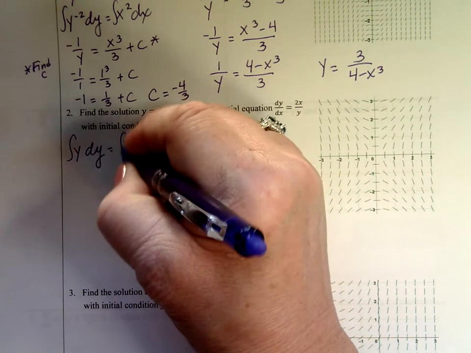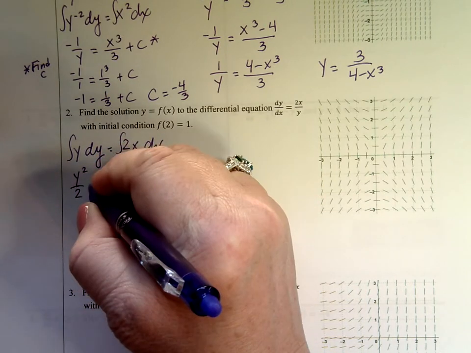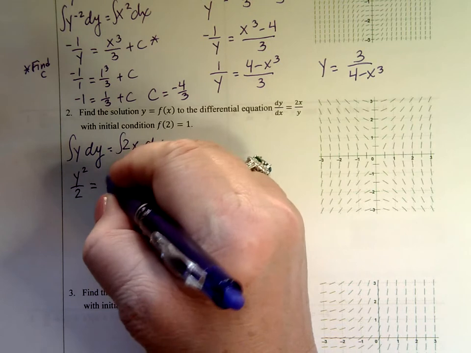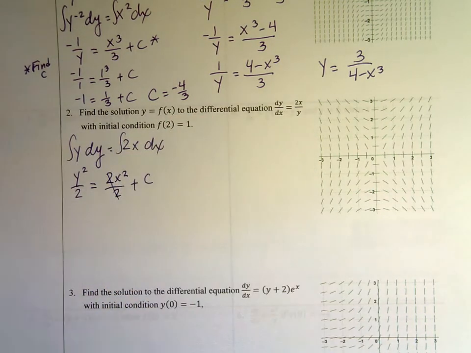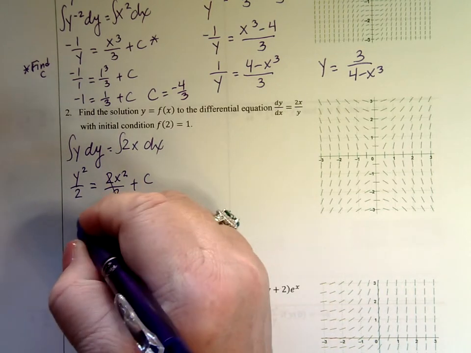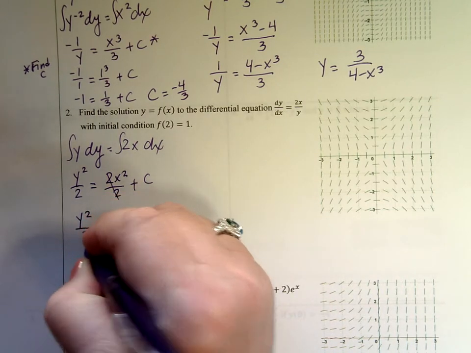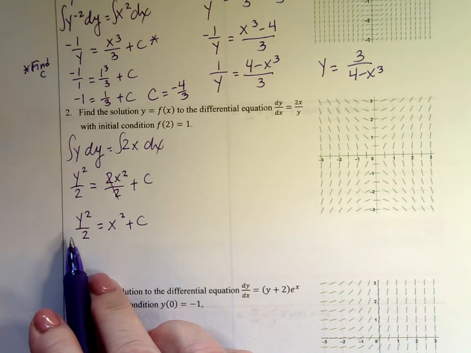No extra steps needed. This guy becomes a y squared over 2 equals, this guy becomes a 2x squared over 2 plus c. 2's cancel. So I have now a y squared over 2 equals x squared plus c. I'm digging towards the y, or at this point I can plug in my point.